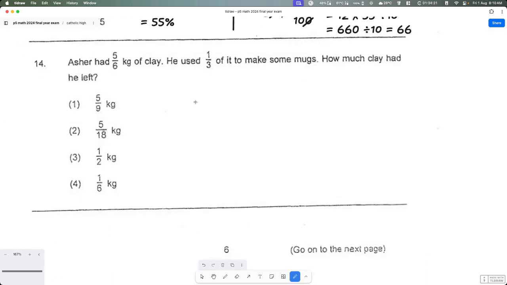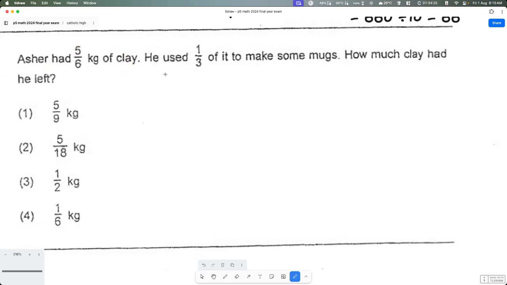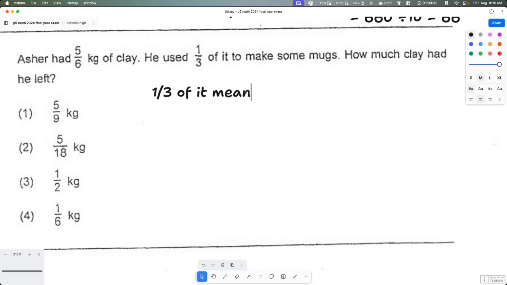Question 14. Asher had 56 kg of clay. He used one third of it to make some mugs. How much clay had he left? First things first, one third of it means 1 over 3 multiplied by the clay.